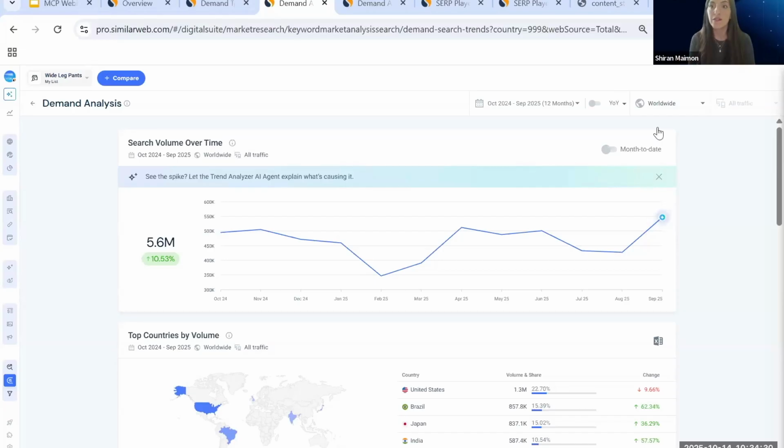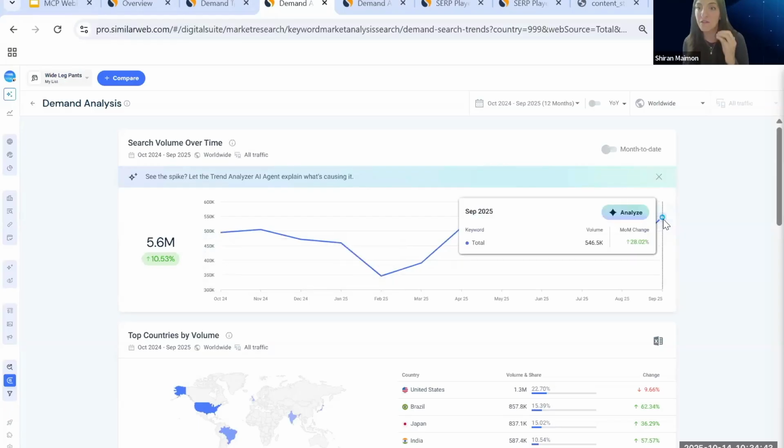You can see very nicely that there has been a 10% increase in the overall interest in wide pants, with different phrases related to wide pants. And we see a very significant increase in just the past 2 weeks. In September, we see a 30% increase on this topic on its own.